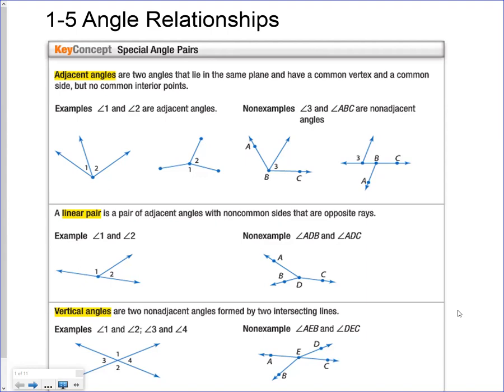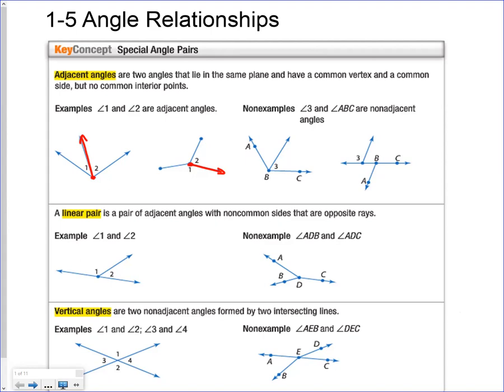So that's adjacent. Here, you have your vertex in common and your one common side. Same here, vertex in common and your common side. But you can't be inside of angle 1 and angle 2 at the same time. Angle 3 and ABC are non-adjacent, so that's this angle here and the big angle.